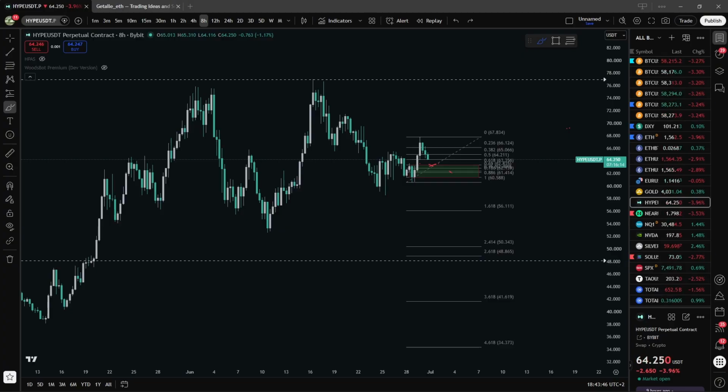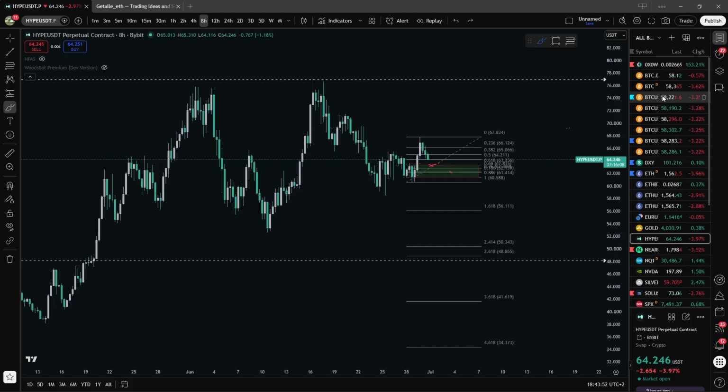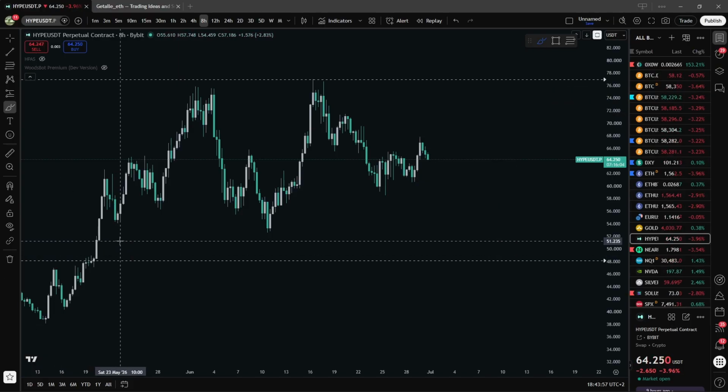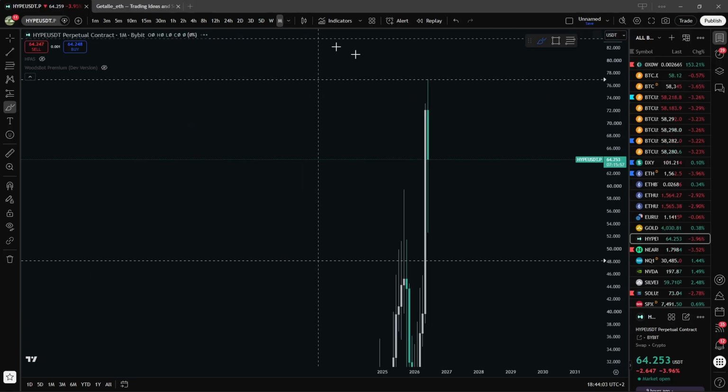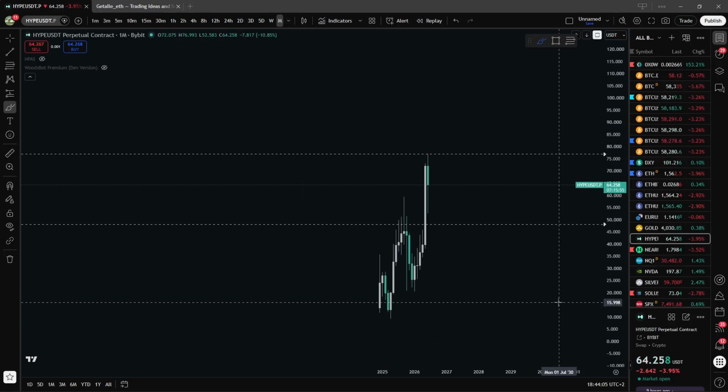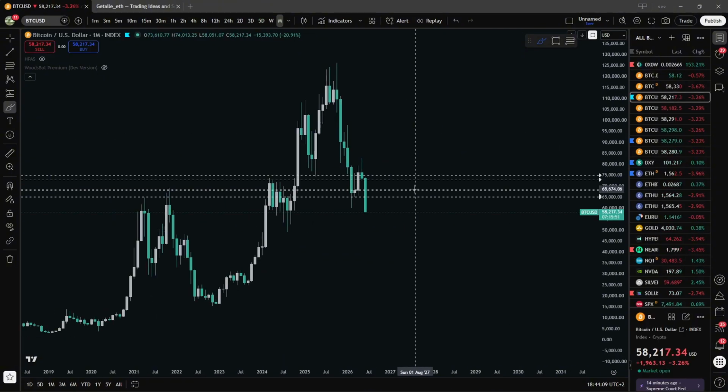Any other coins? Obviously, we have the monthly closure today, and the half-year closure as well. The monthly time frame on Bitcoin looks awful.